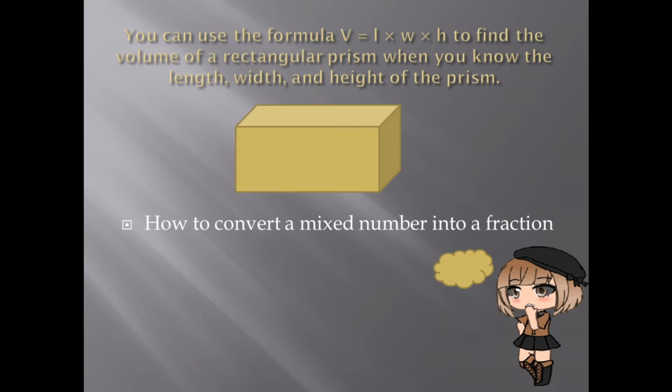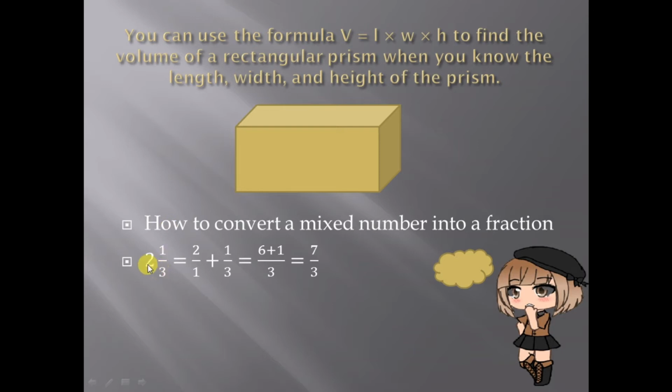First, we have to revise how to convert a mixed number into a fraction so we can multiply it easily. For example, if I have a mixed number like 2 and 1/3, why is it called a mixed number? Because it consists of 2 parts, a whole number, which is 2, and a fraction, which is 1/3.